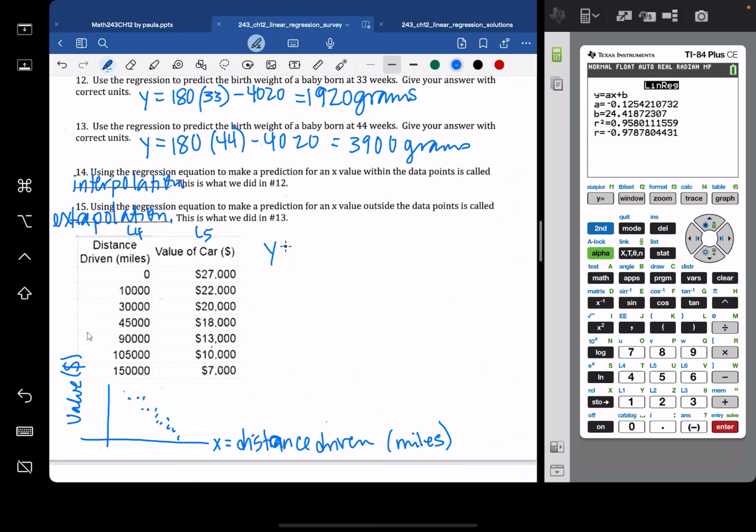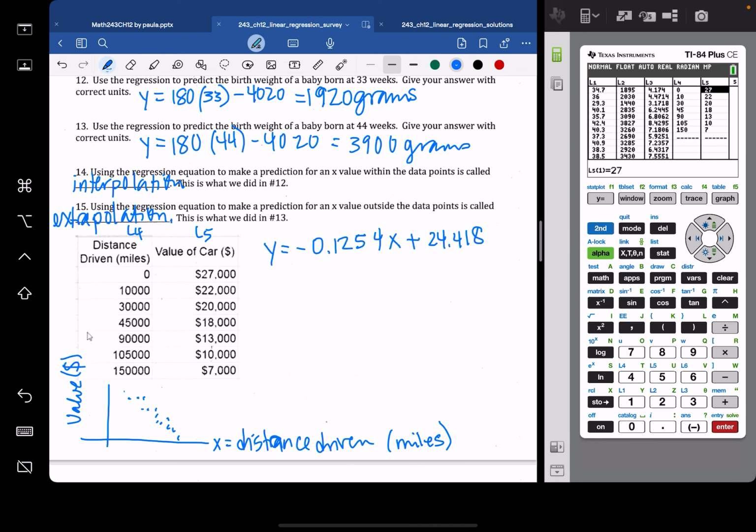So y is equal to negative 0.1254x plus 24.418.